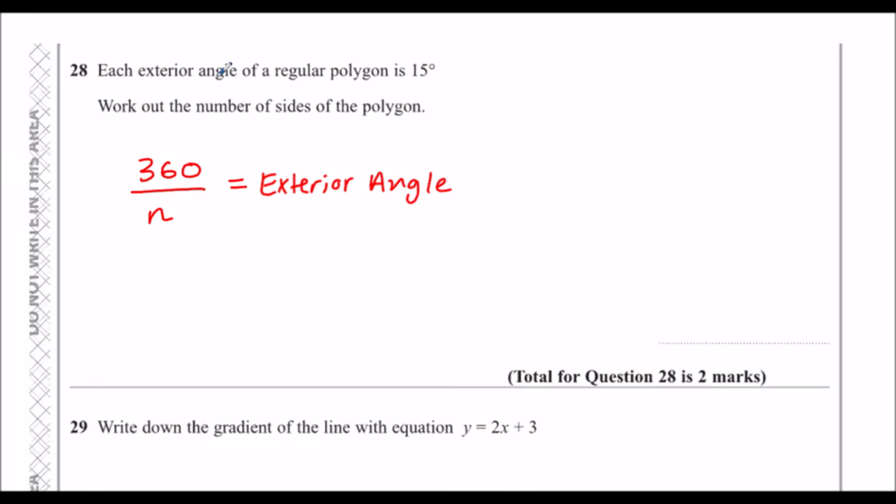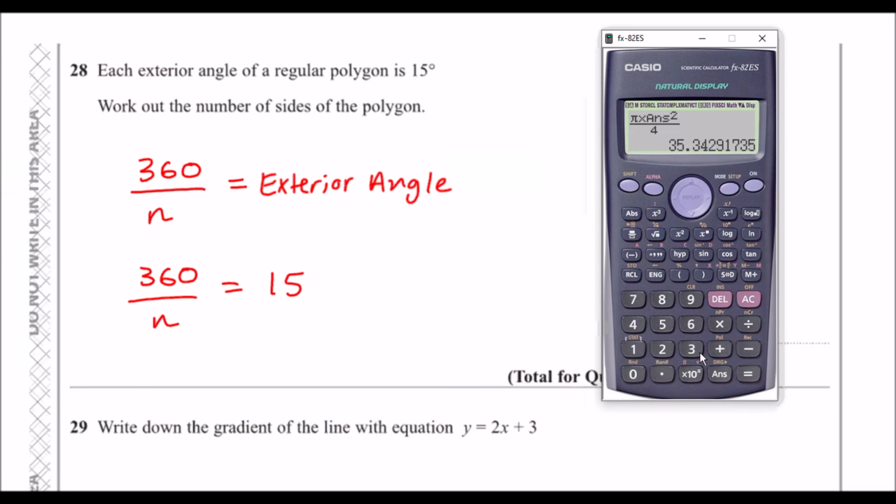So we're told the exterior angle is 15. How many sides has it got? So 360 divided by what number equals 15?